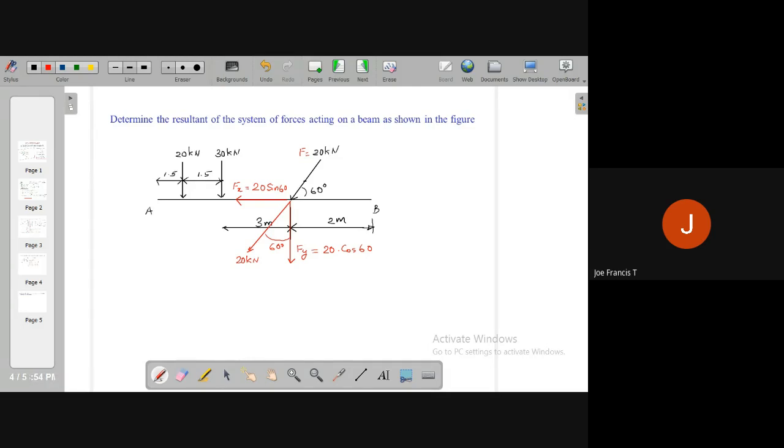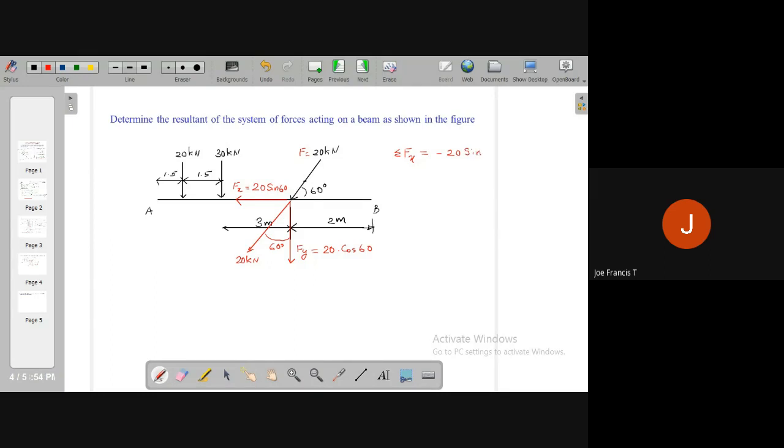So again, you need to find the resultant. Sigma Fx means I'm going to add up all the forces in the X direction. That will be minus 20 sin 60.